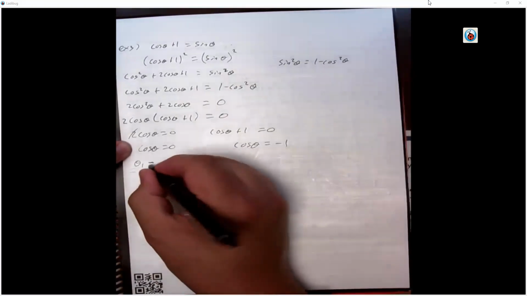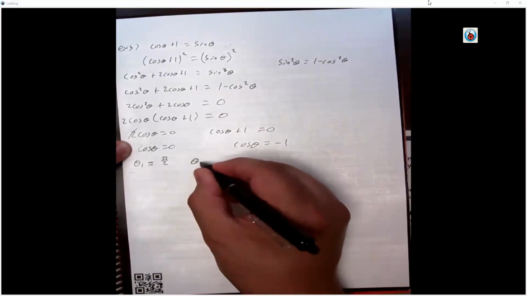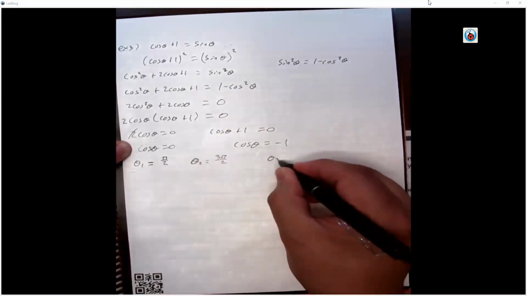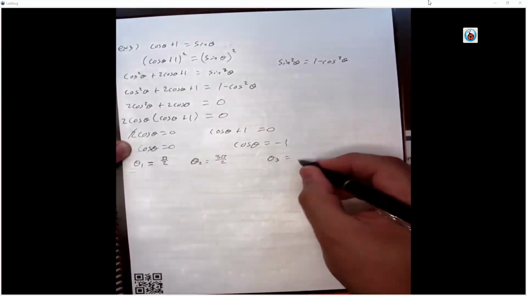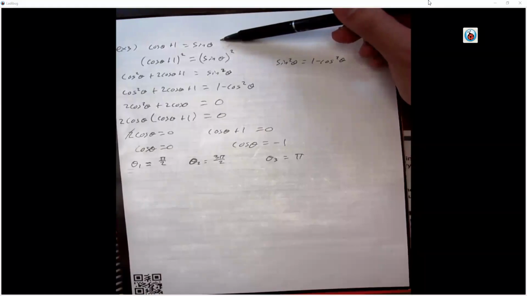Cosine is 0 at pi over 2, three pi over 2, and -1 at pi. And that's it. Those are the ones where cosine equals 0. Yeah, these two, it's 0. And this one is for this guy here, -1. So we have 3 possible solutions. So we need to plug them into the original and see which one's fake.